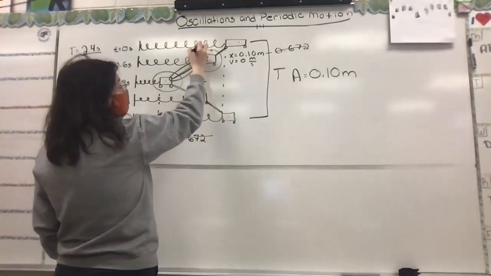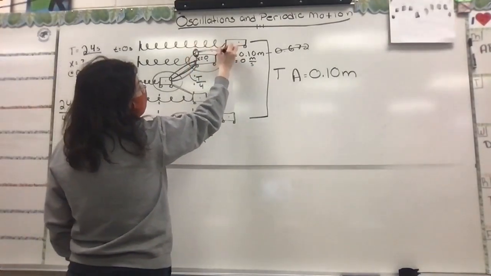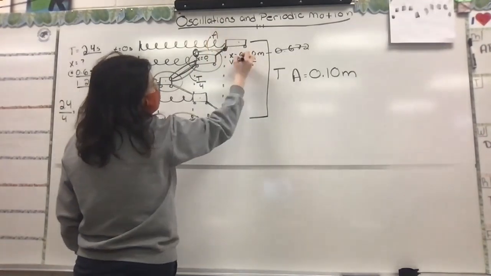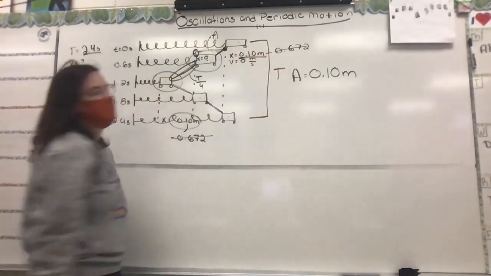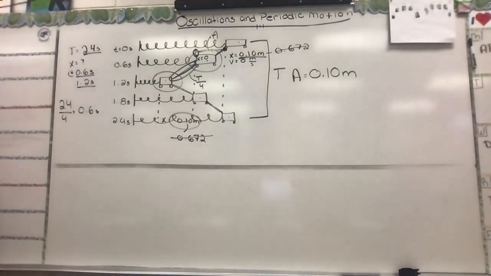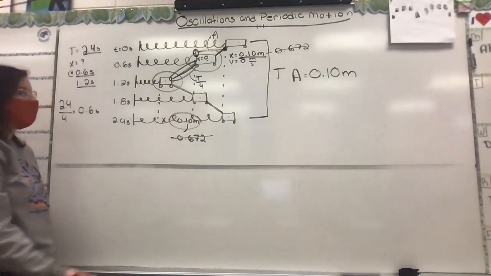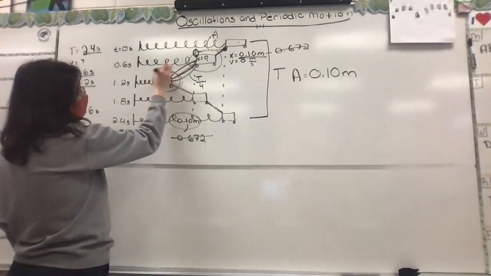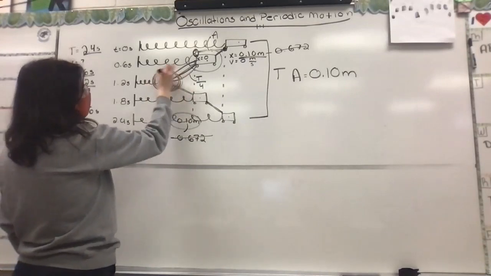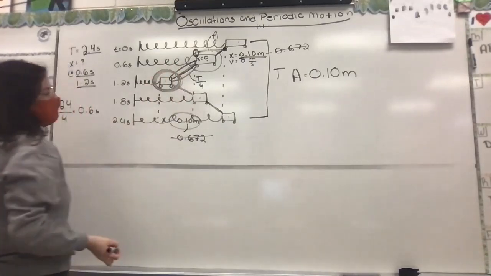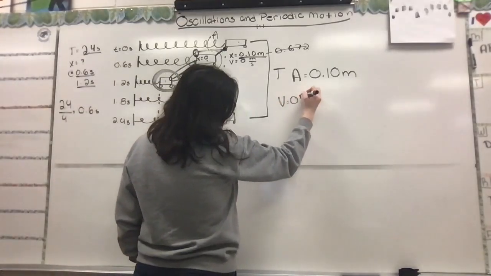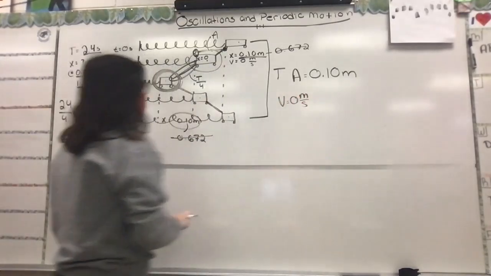From equilibrium to our maximum displacement, that's how we get amplitude, and it goes a total of 0.10. What is the speed of this cart when we are right here at our maximum negative displacement at 1.2 seconds? What's the velocity? 0. Good. All right. That was the last question I had for you about these.